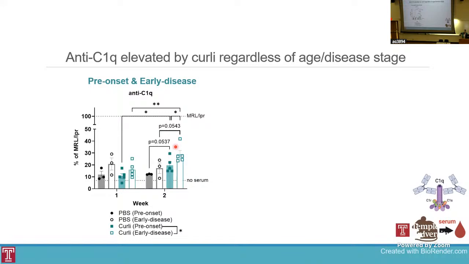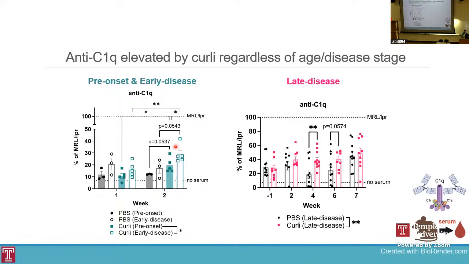So treatment plus age has even higher levels. The late disease already have some level of these anti-C1q that are developing just because of age, which is already known. And there's a little bit of a difference here with the Curly group. So overall, it's a little bit elevated, but it's a less dramatic difference in this late disease group since they're already getting some of these autoantibodies on their own.